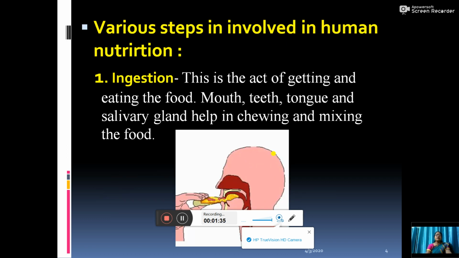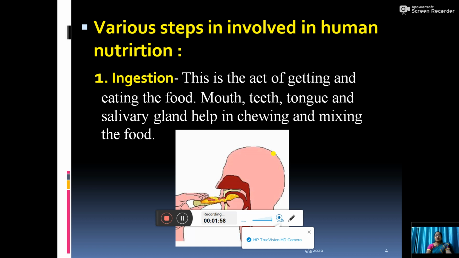Now, so many steps are involved in human nutrition. So you see what the steps are. One by one I am discussing in front of you, and the first is ingestion. What is this? This is the act of getting and eating the food.